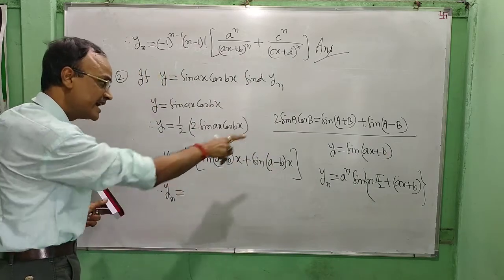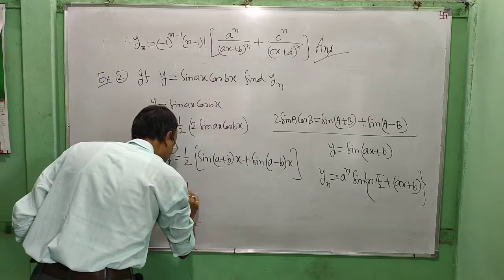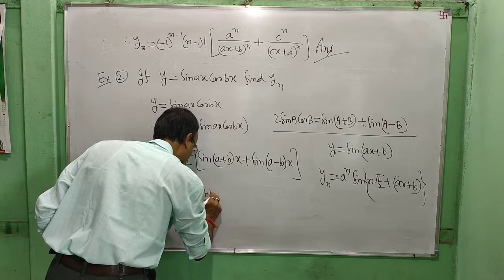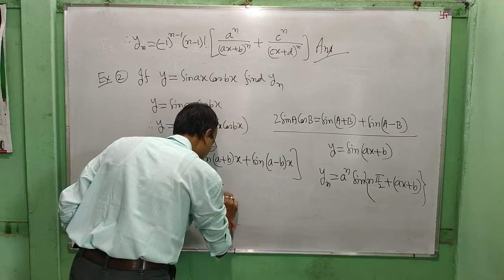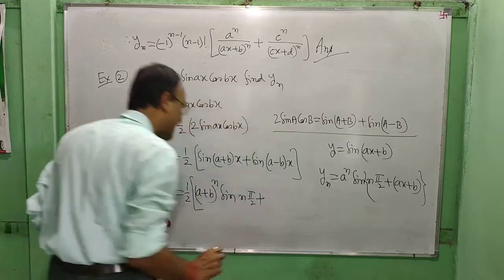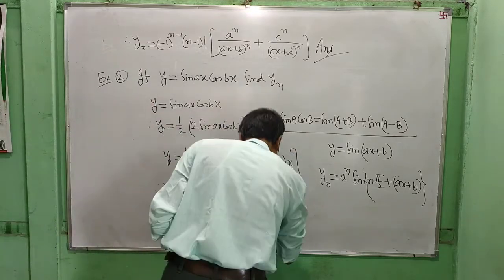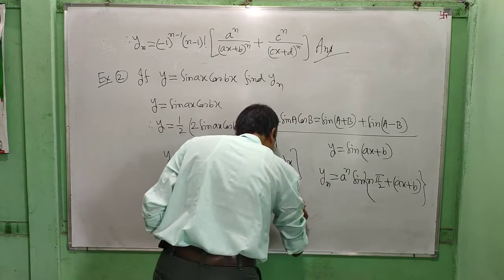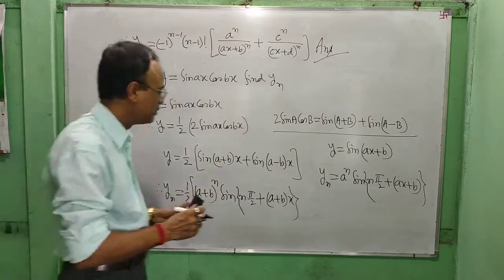Therefore, if you apply this formula, you will get half, this is constant, (a plus b) whole to the power n sin of n times pi by 2 plus ax plus b, meaning a plus bx.